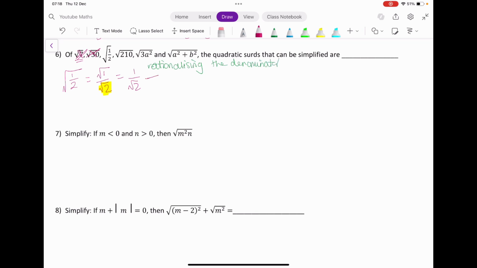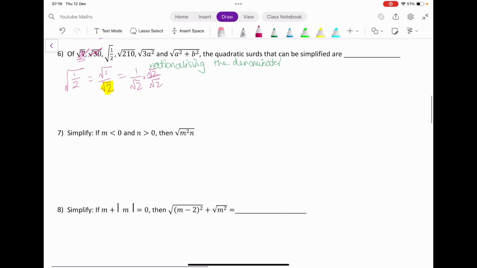And to do that, you times it by 1 essentially, but that's made up of the surd and the denominator, because anything divided by itself is 1. And you times anything by 1, then it'll equal itself. So 1 times root 2 is just root 2. Root 2 times root 2 is 2. So we've now simplified root 1/2 to root 2 over 2, which means that this one can be simplified.